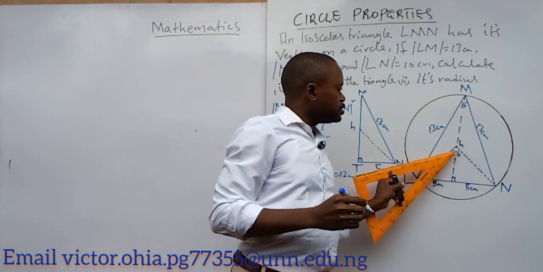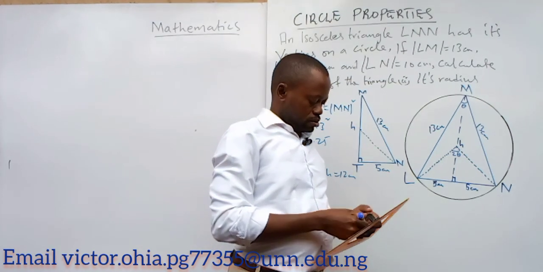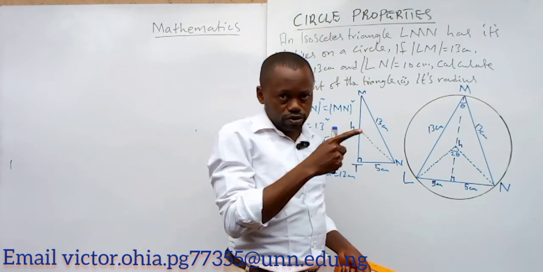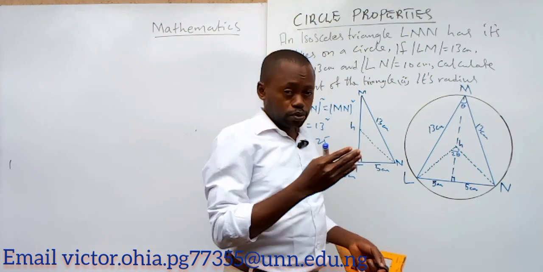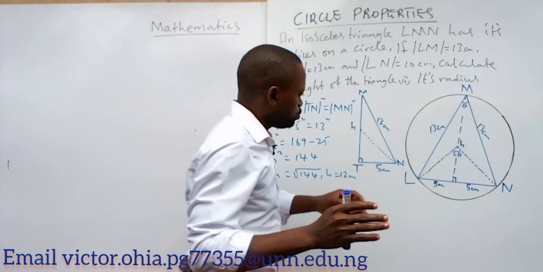Angle at the center is 2 times angle at the circumference. So I'm going to apply this theorem now in solving this problem. We're going to see it's quite simple.